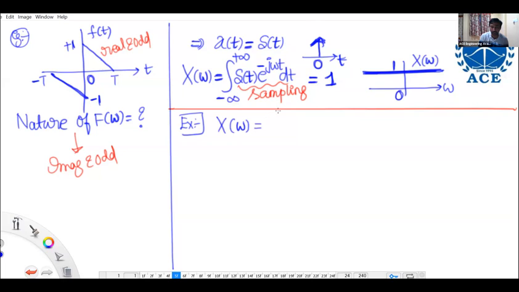Please answer this example. The given spectrum is (omega square plus 21) by (omega square plus 9). Find x of t. We want the signal. According to the formulas we studied till now, which has a denominator with omega square plus 9?